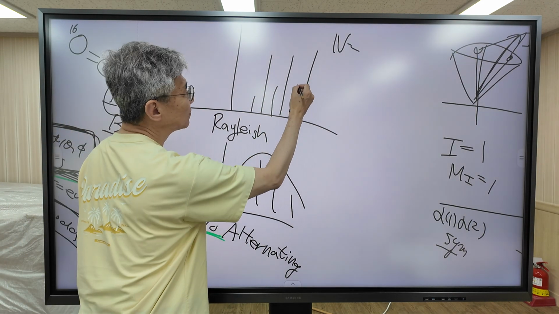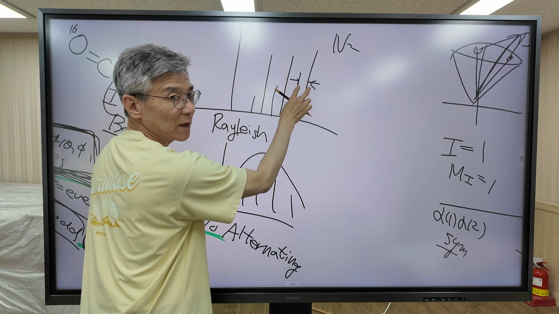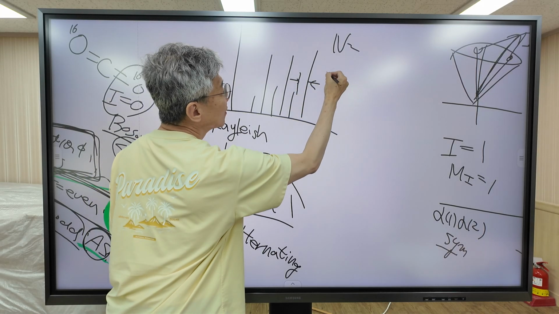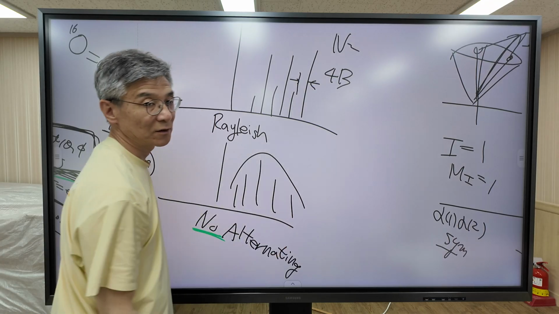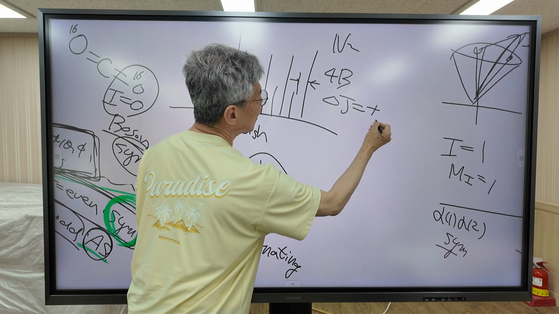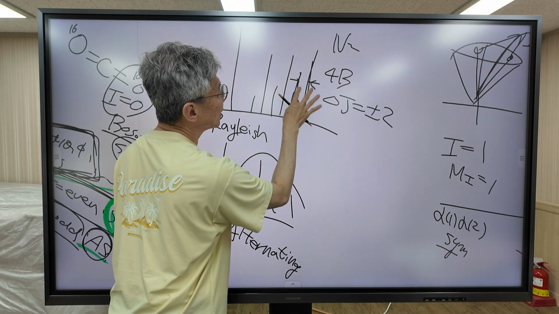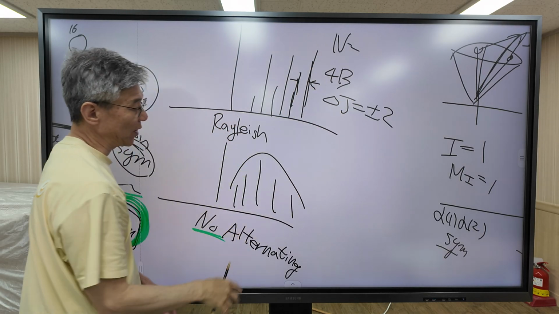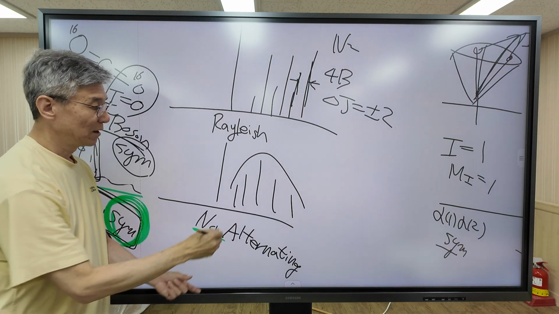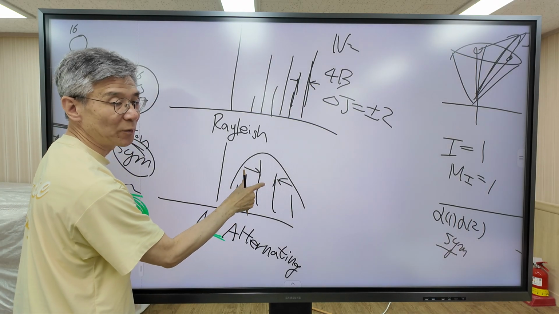In Raman spectrum, the spacing between adjacent peaks is 4B, as you know, because in Raman spectrum the selection rule is ΔJ equal plus minus 2. So the spacing between two peaks is 4B. But in oxygen, the spacing between two peaks is not 4B.